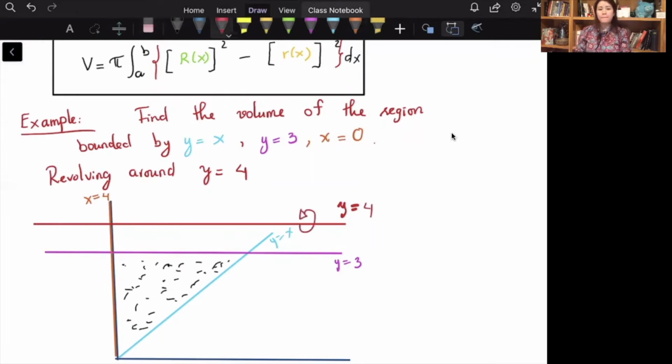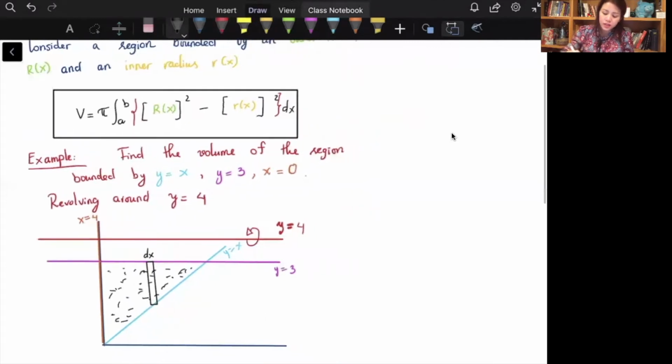Okay, so let's pick an arbitrary x and give it some depth and width. So here I have dx. So imagine if I sweep the slice around y equals 4, visually it looks like this.